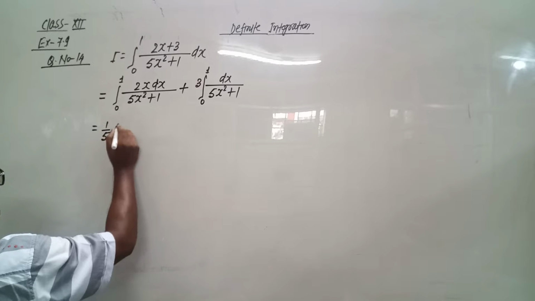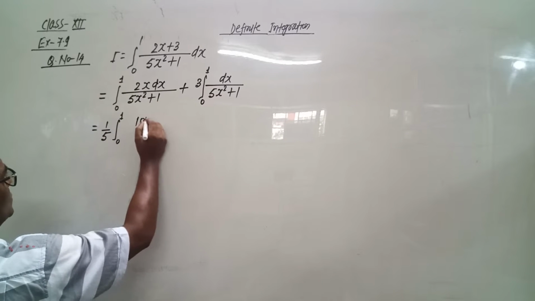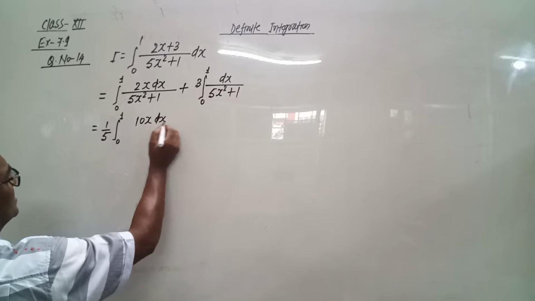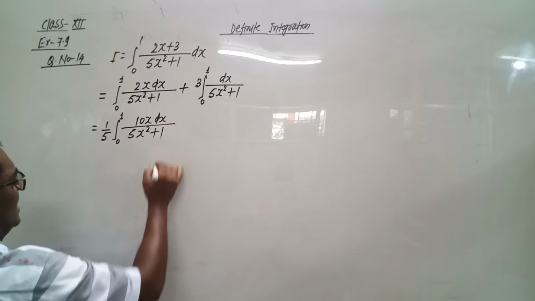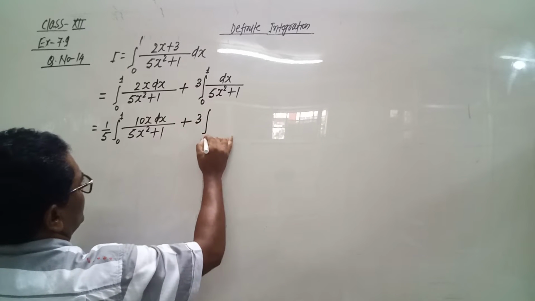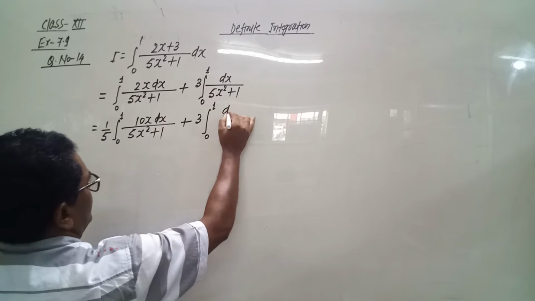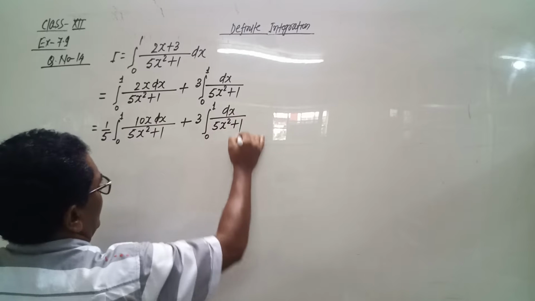So we get 1 by 5 integration 0 to 1 of 5 into 2x, that is 10x dx, upon 5x square plus 1, plus 3 integration 0 to 1 of dx upon 5x square plus 1.